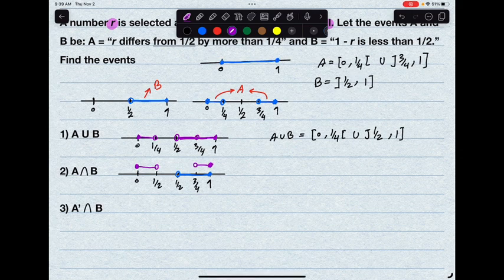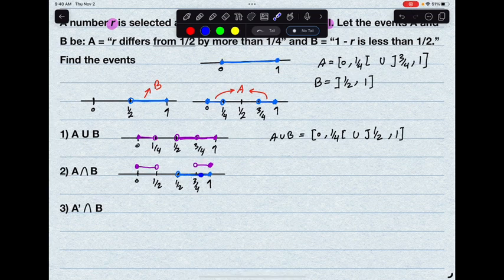So which part is in common? Here there's no B, so it's not in common. This part from 1 over 2 to 3 over 4, there's no A, so A doesn't have anything in common with B there.